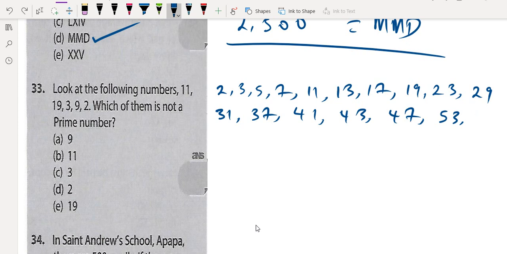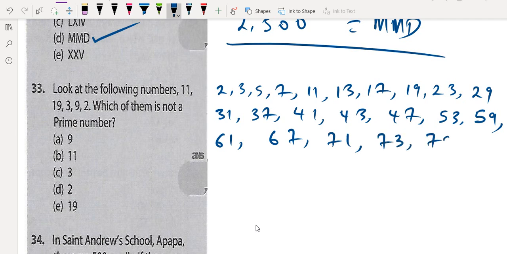After 53 is what? 59, 61, 67, 71, 73, 79, 83, 89, 97. So 9 is not a prime number.